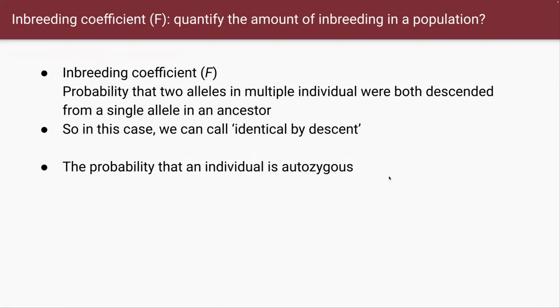Based on this information, we can measure the inbreeding coefficient. The inbreeding coefficient, in other words, refers to the probability that two alleles in an individual will both descend from a single allele in an ancestor. In this case we call it identical by descent, and it is also the probability that an individual is autozygous.